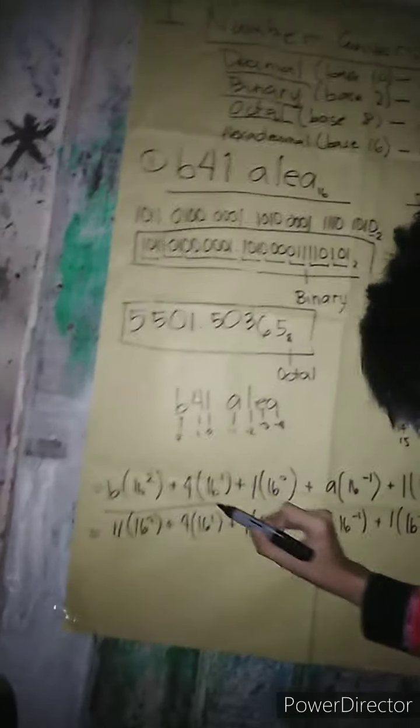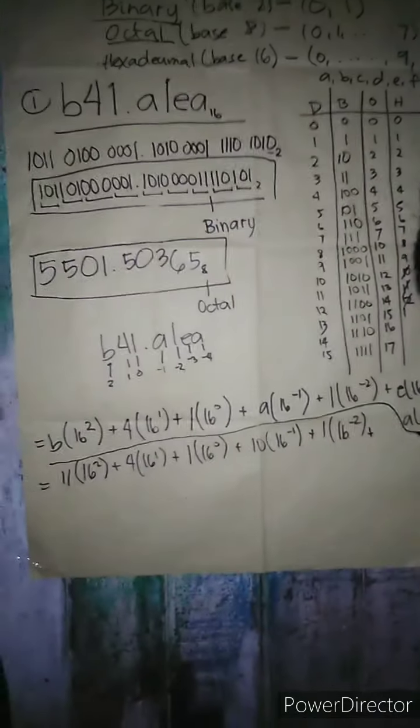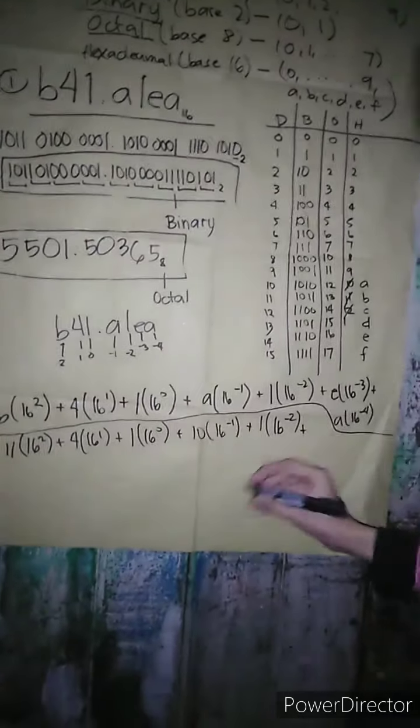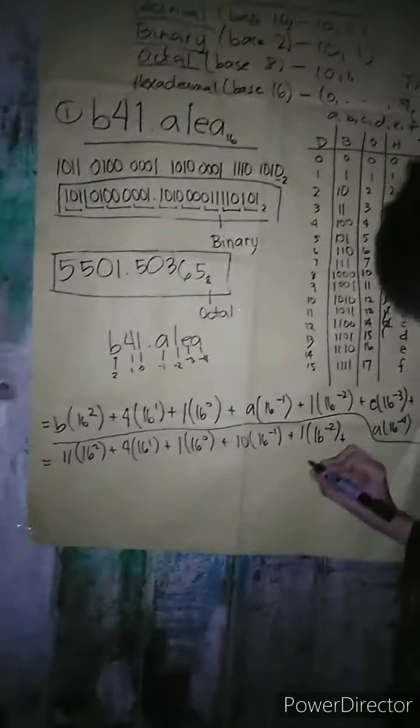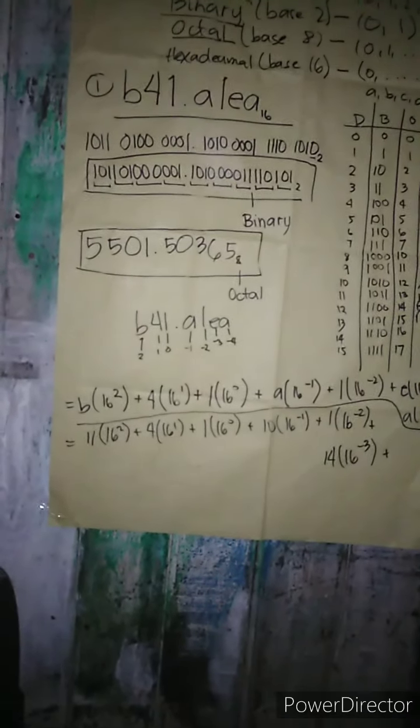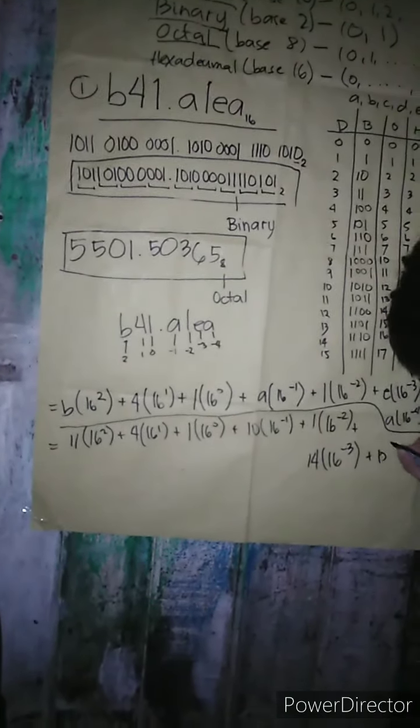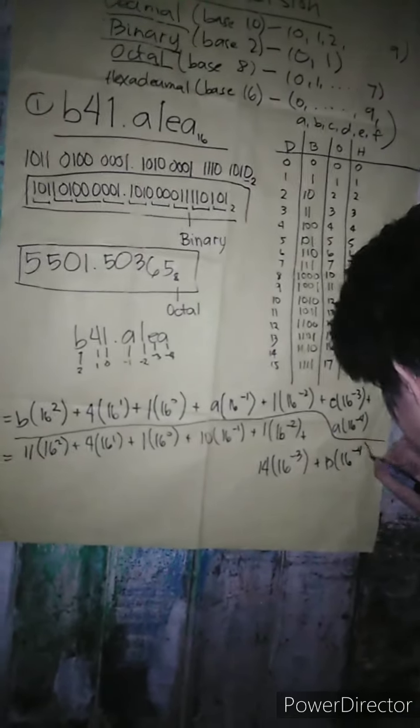Plus, okay, we need to split, plus E, which is 14, plus A, once again, 10, okay.